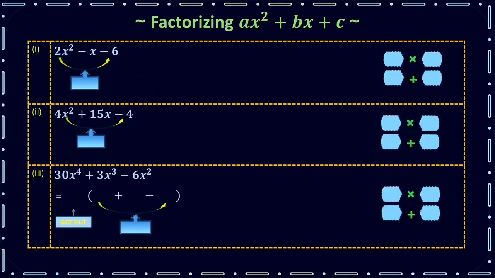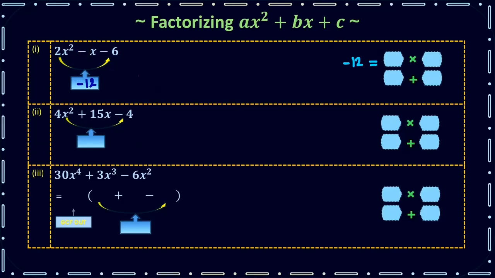For the first quadratic, we are going to multiply the leading coefficient with the constant coefficient. We have 2 times negative 6, that's negative 12. Therefore, we are going to look for two numbers that when multiplied, they produce negative 12. And when they are added, they give you the middle coefficient of negative 1.